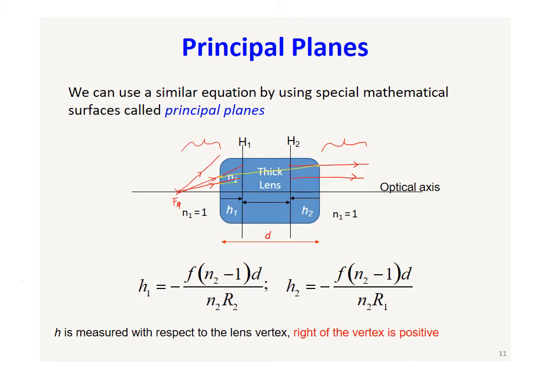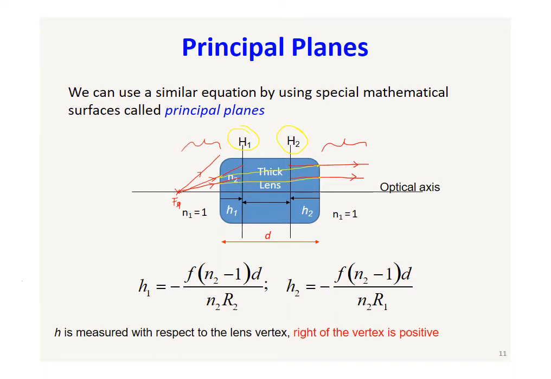So the physical rays inside the lens are actually more like those yellow ones that I've drawn. But the trick of using principal planes means that we can assume that the thick lens is actually a thin lens, which is divided in two. The front half is located at H1 and the second half is located at H2.